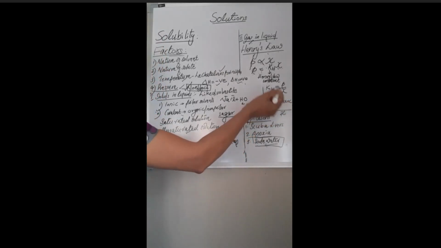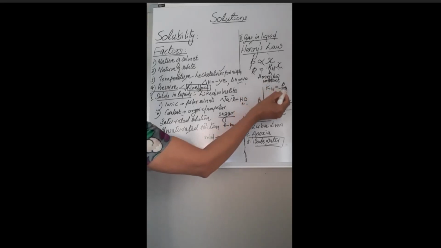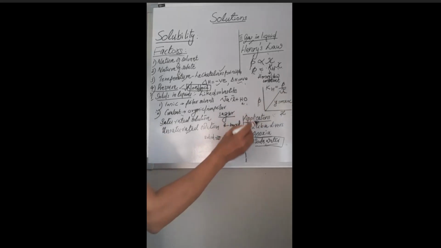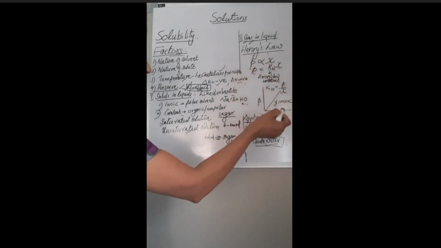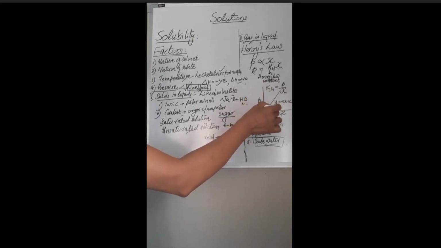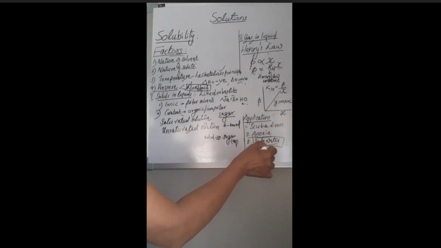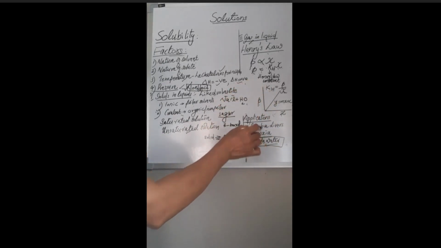This means that when the Kh value is high, the solubility of the gas will be less. So a gas having a lower Kh value is more soluble than a gas having a higher Kh value in the given solvent. Then there are some important applications of Henry's law.